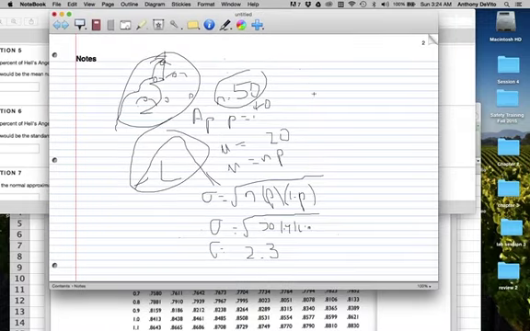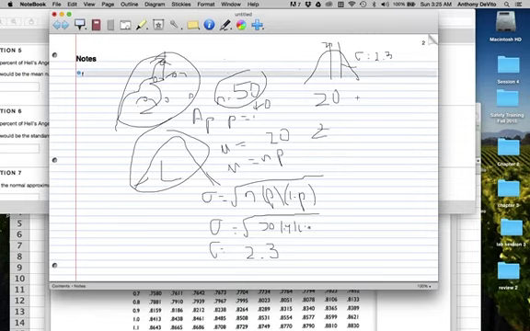So what's our z-score going to be here? Here's our distribution, with mean 20 and standard deviation equal to 2.3. We're looking at 25, the probability that we would have more than 25 bikers that have that tattoo.